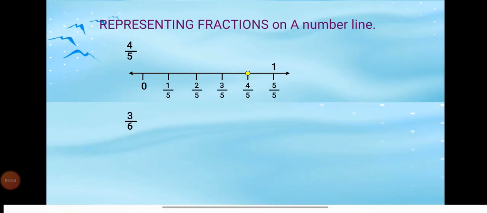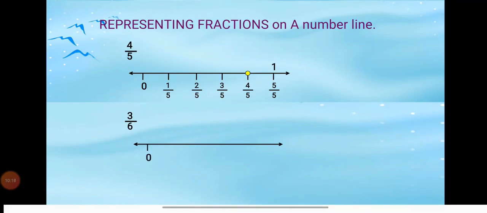Let us see another example. 3 by 6. I am sure you know that first of all we need to draw a line. Now 3 by 6 is also smaller than 1. So the first starting point will be 0.